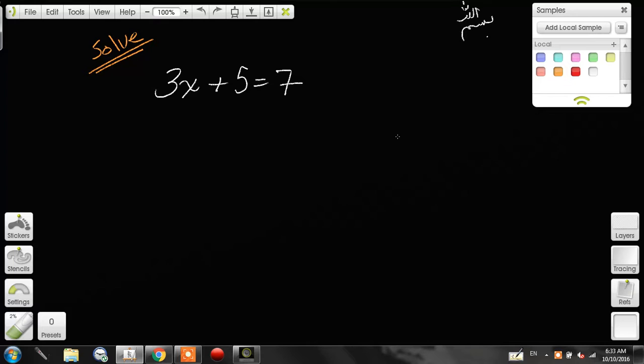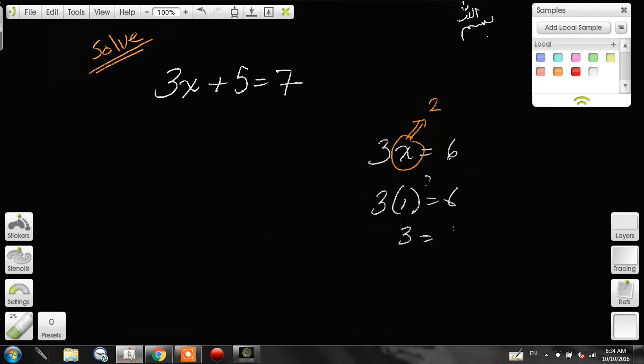Okay? For example, if I have in mind 3 times x will give you 6. I have a number in my mind. When I multiply it by 3, I get 6. Intuitively, you can probably see that's 2. 3 times 2 is 6. But if somebody said it's 1, does 3 times 1 equal 6? No, it does not. So this would be a false statement.